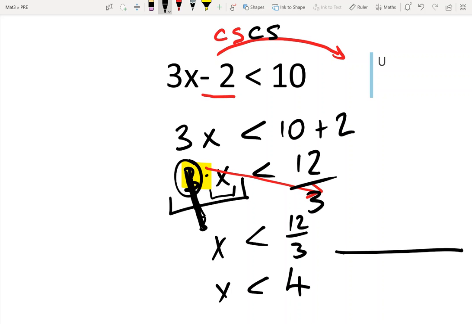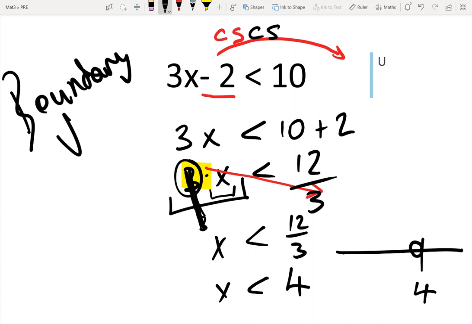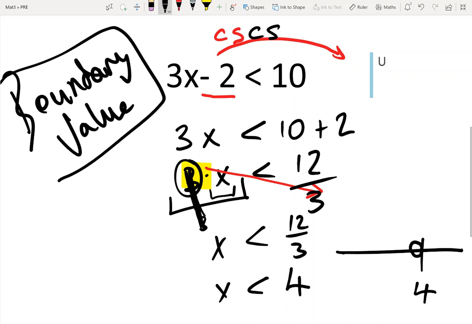Okay, now the boundary value is 4. Those are the correct terms, by the way. The boundary value is important vocabulary for you.